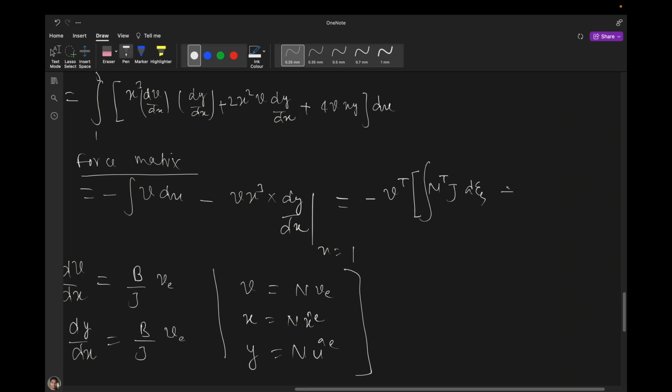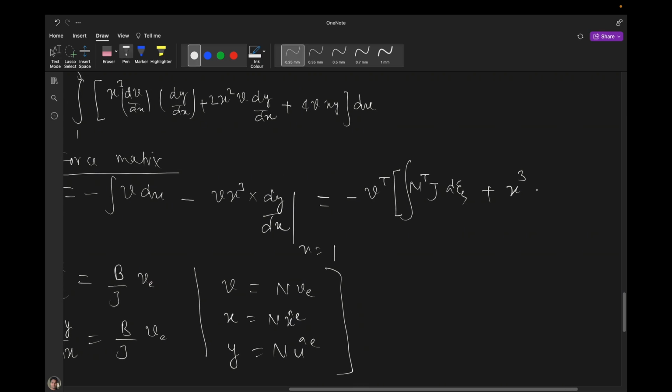Plus V x cube, and because of V, the V transpose will come outside, so it will become x cube. And here I can write dy by dx as, what is the boundary condition there? dy by dx at x equal to 1, that is 151 by 3.